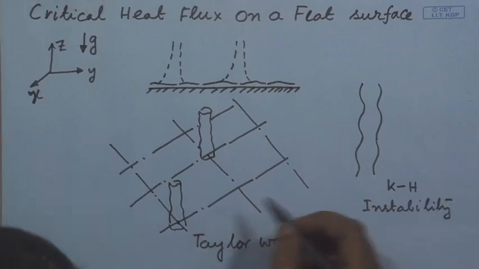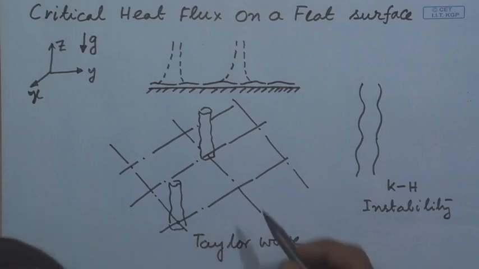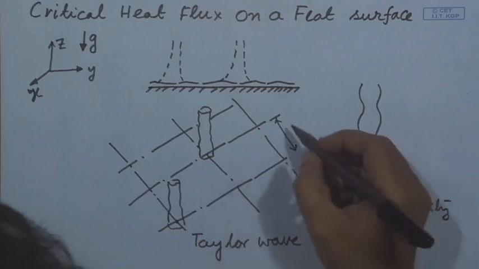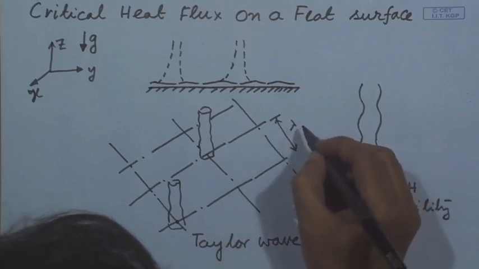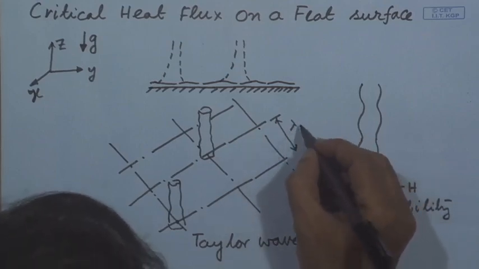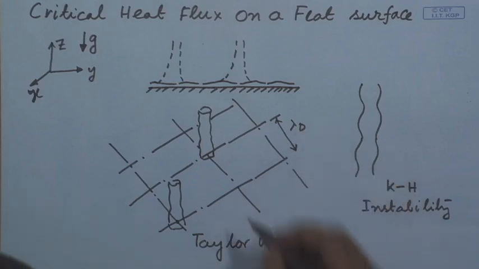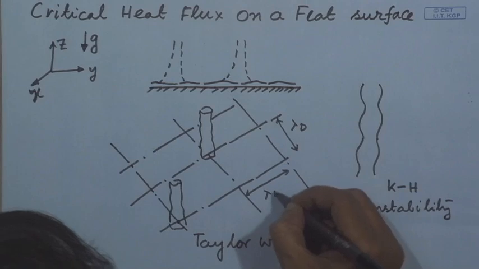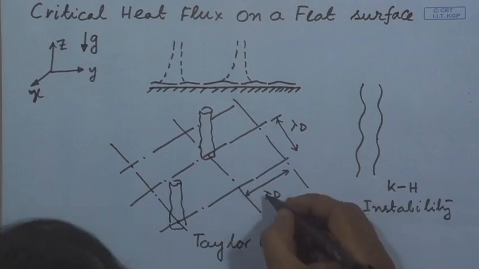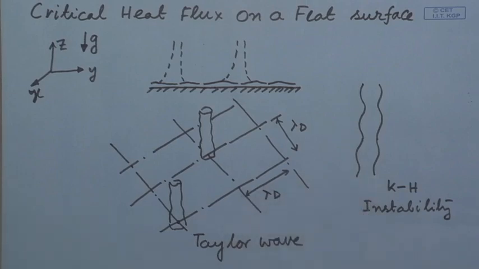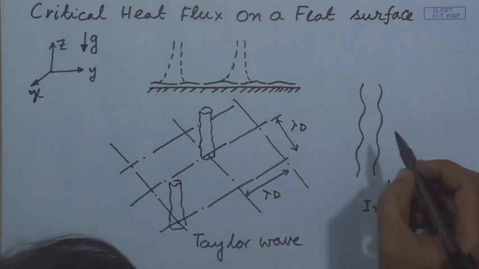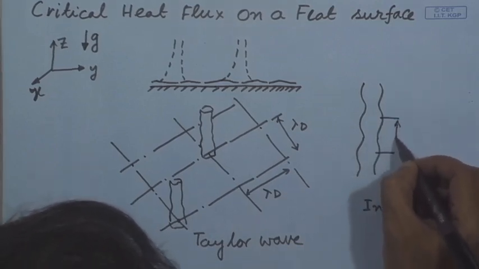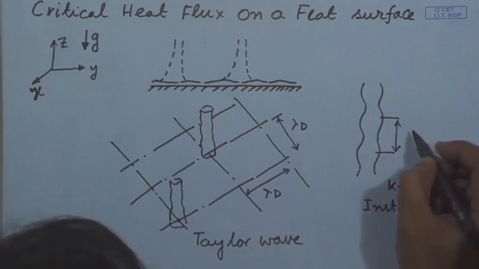Now, this Taylor wave will decide the distance between these columns, and this distance is denoted by lambda d. So, any vapor column will be at a distance lambda d from its neighboring column, and this is one wavelength of the Kelvin-Helmholtz instability.